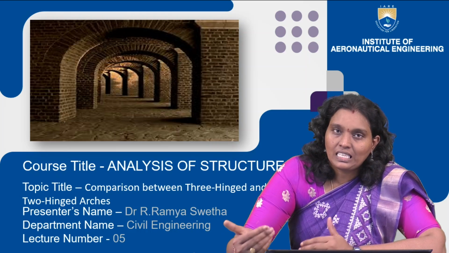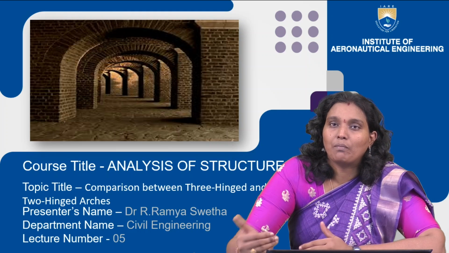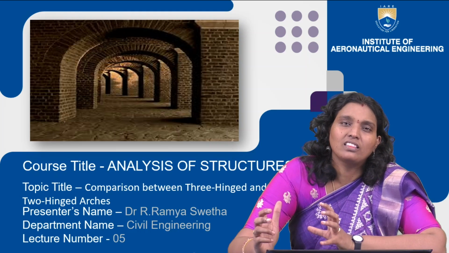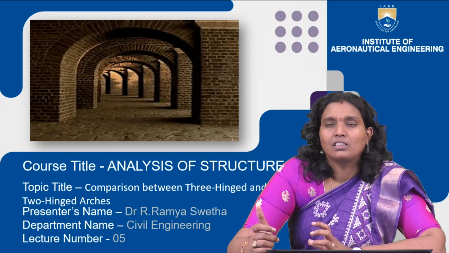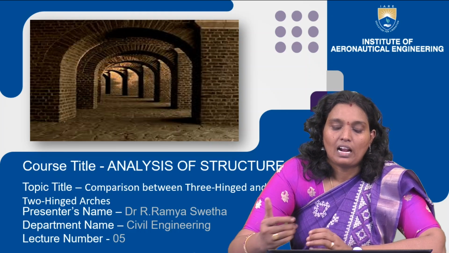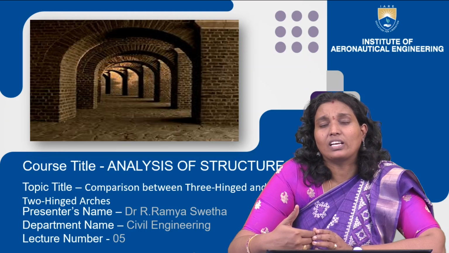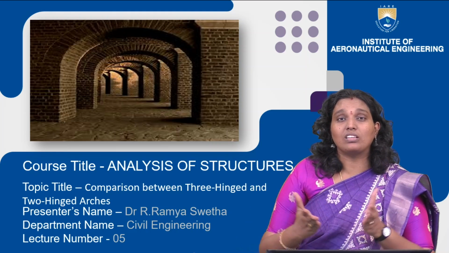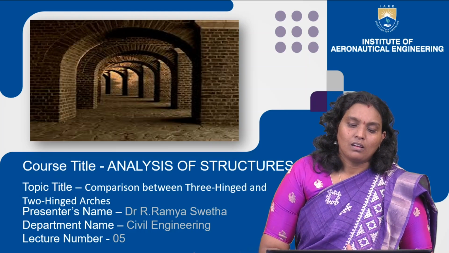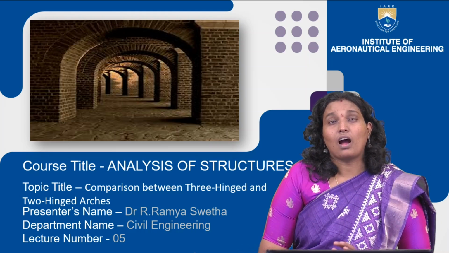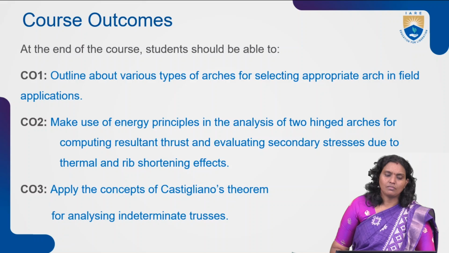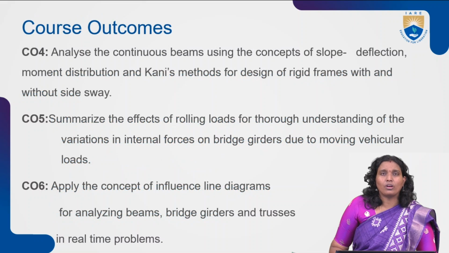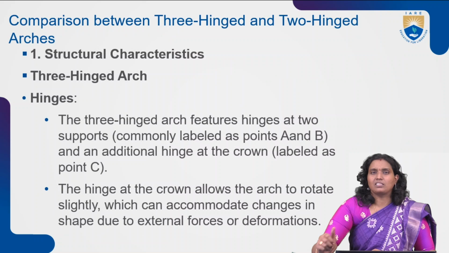In this particular lecture, we are understanding the differences and how we compare these 2 arches categorized based on hinges: the various parameters involved, the way of analysis, any similarities, and how we differentiate the two. Some of the course outcomes we already saw in our previous lecture.